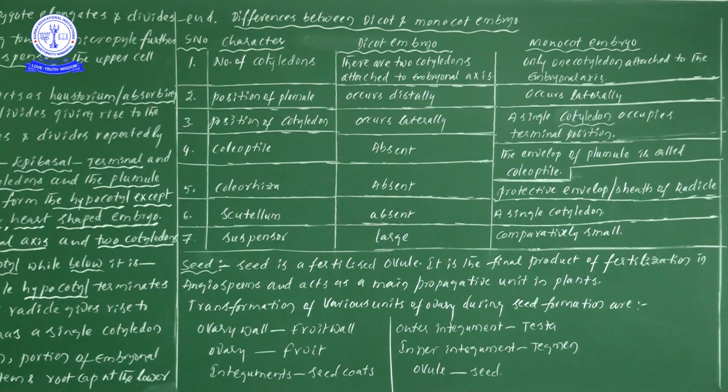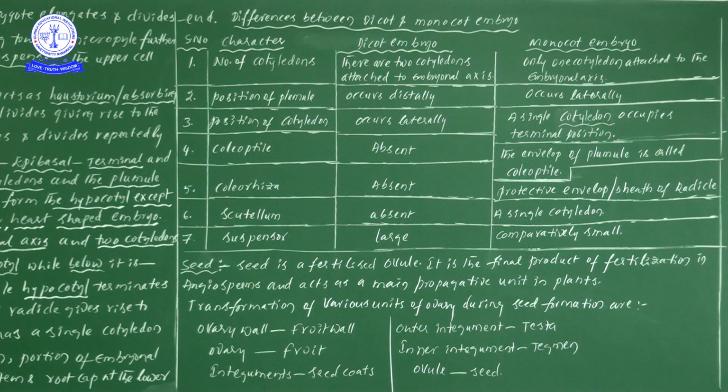Later, one more piece of information. After fertilization, we have seen that there are two different types of fruits: false fruits and true fruits. False fruit means the development of the fruit portion takes place from a part other than the ovary.